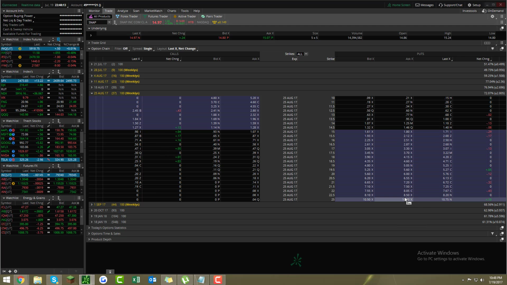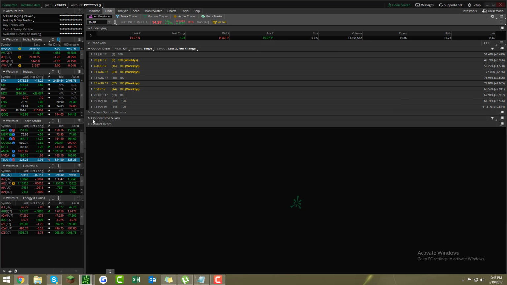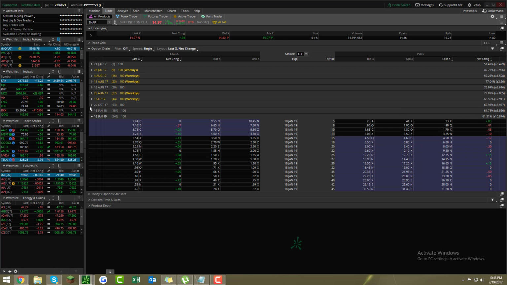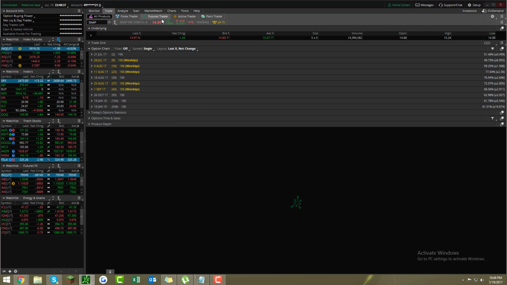Looks like the puts have it, as the calls are very cheap. I think the farthest we could go is the 18th of July, and those get pretty pricey. Not too pricey, but you can see here 31. This one goes up to 10, and these are all the strike prices. So not looking too good.